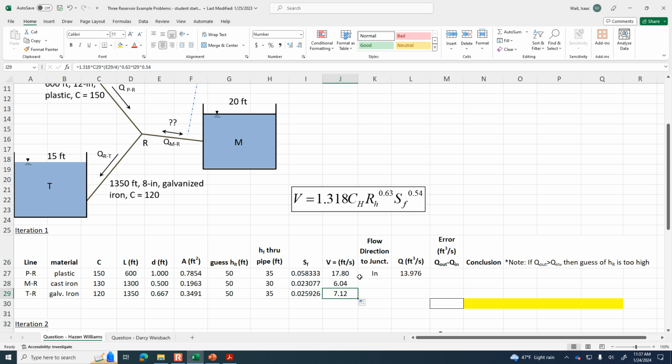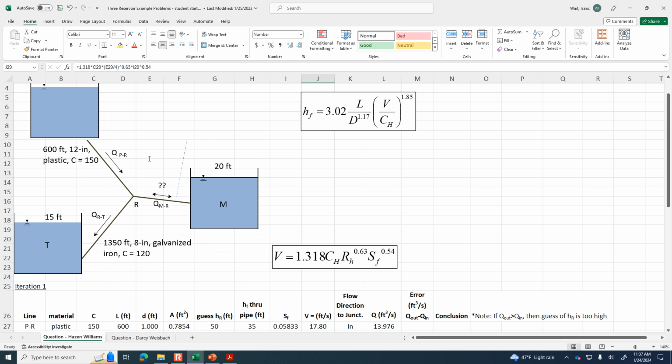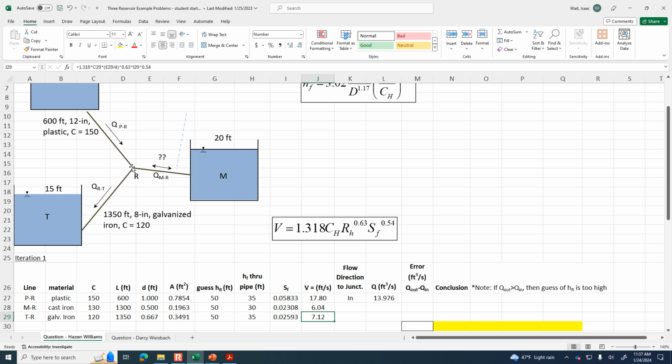But we do need to now think and apply our logic here. Is the water flowing into the junction from that pipe or out of the junction from that pipe? So if the head at R is 50, then that means the water is flowing out of junction R towards M. So it's out, and it's out here.